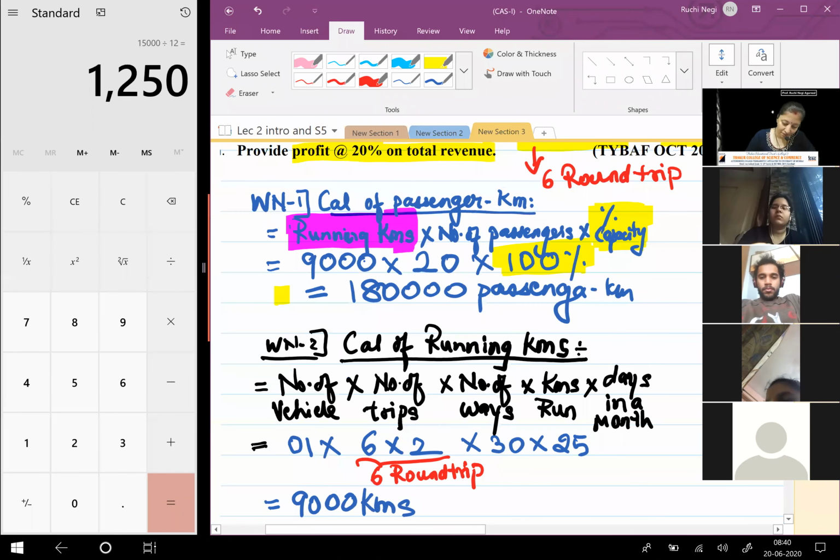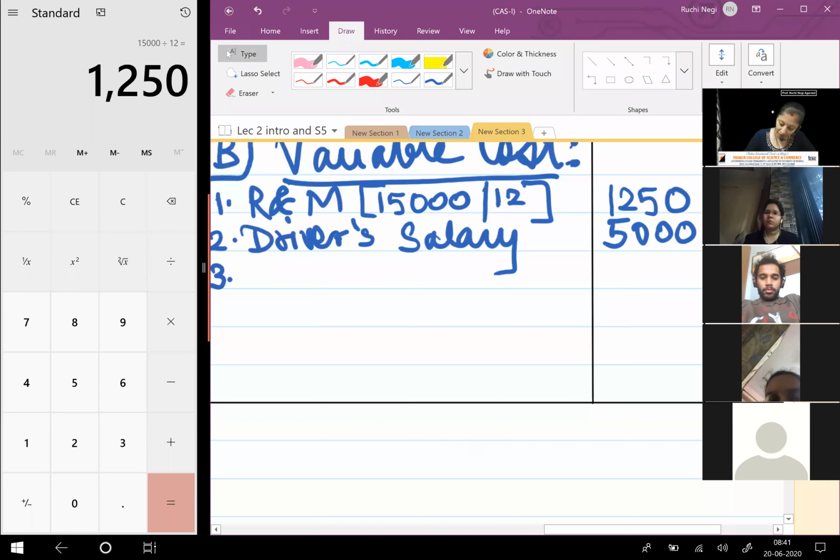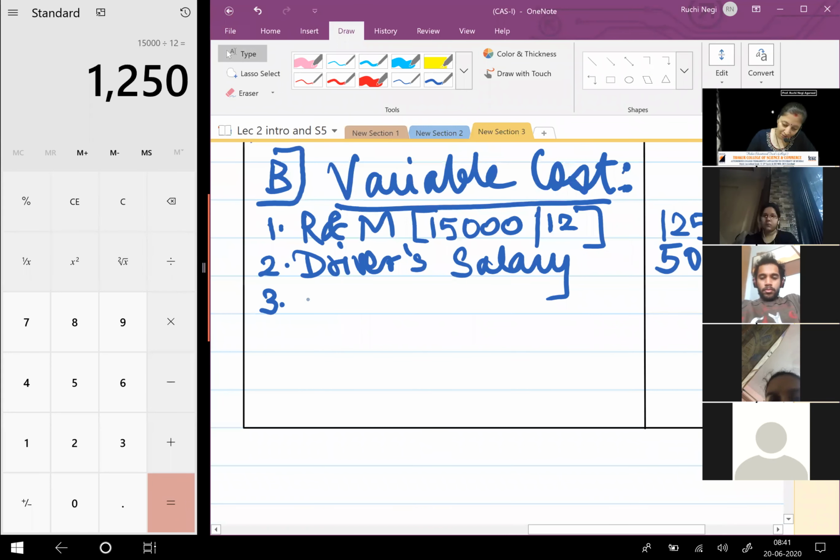Next we have repairs and replacement of tires and tubes, 3,600 per annum. So tires and tubes, 3600.